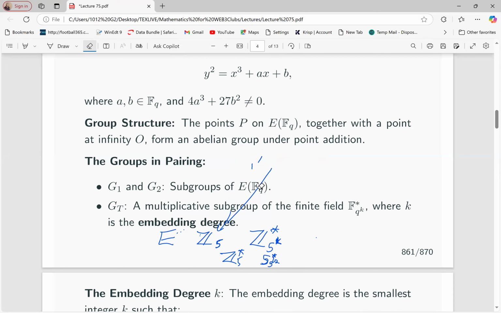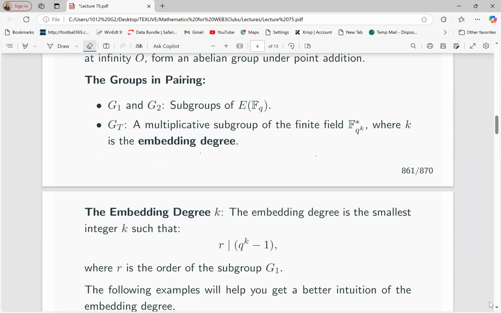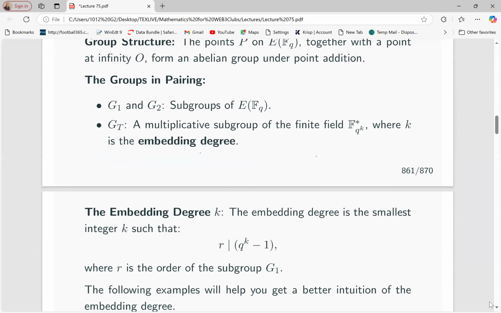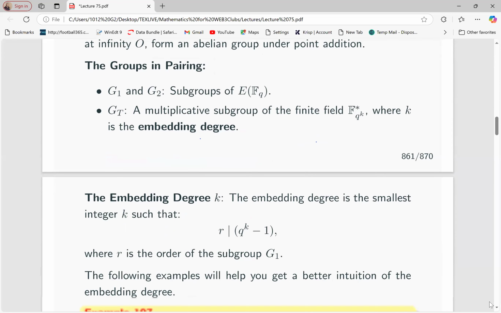What is important to us today is how do we calculate K? How do we find K? We'll see how to find K manually, and then see how to find K using Rust code.